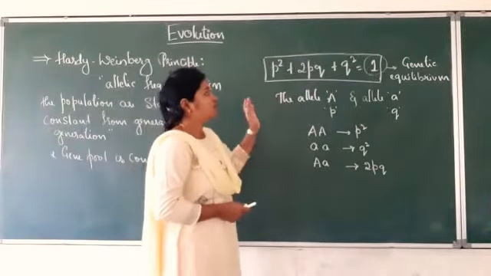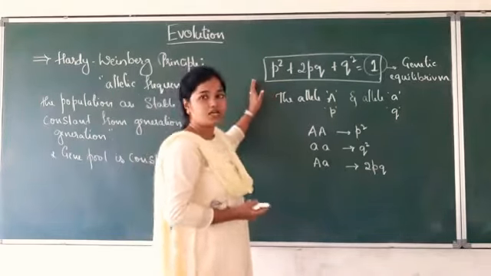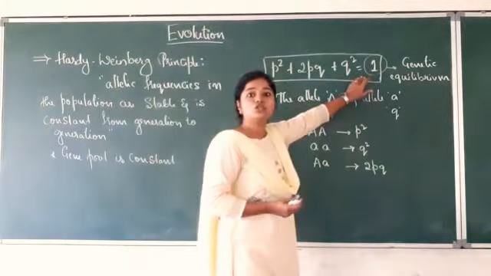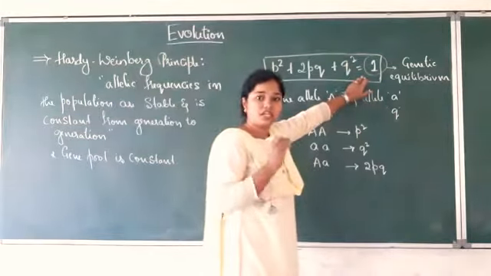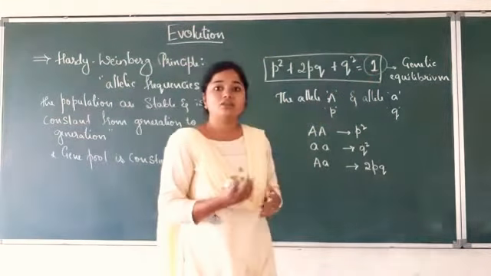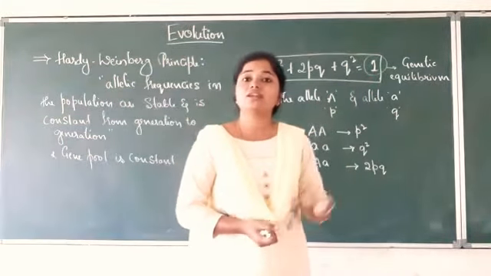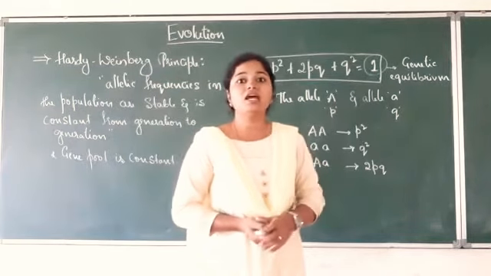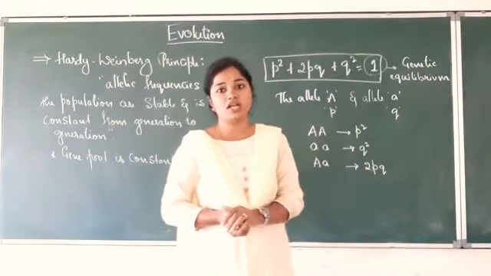So whenever we calculate the alleles, if we get a value of 1, it shows that the population has genetic equilibrium. Suppose if we get a value other than 1, it shows that the population is under the process of evolution, right?